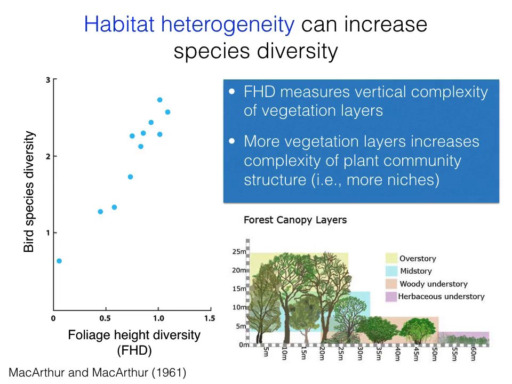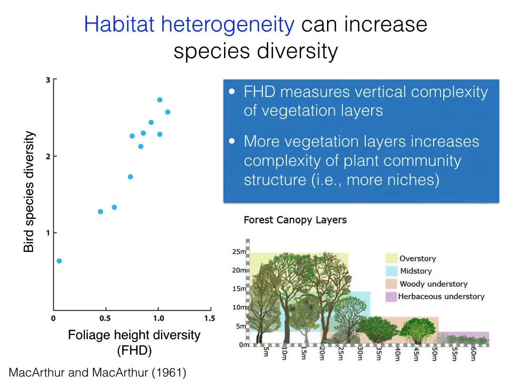All of these variations in environmental conditions increase habitat heterogeneity. In fact, plants themselves and the structure of vegetation communities can also strongly increase the number and variety of different kinds of niches available to other species that rely on those plants.